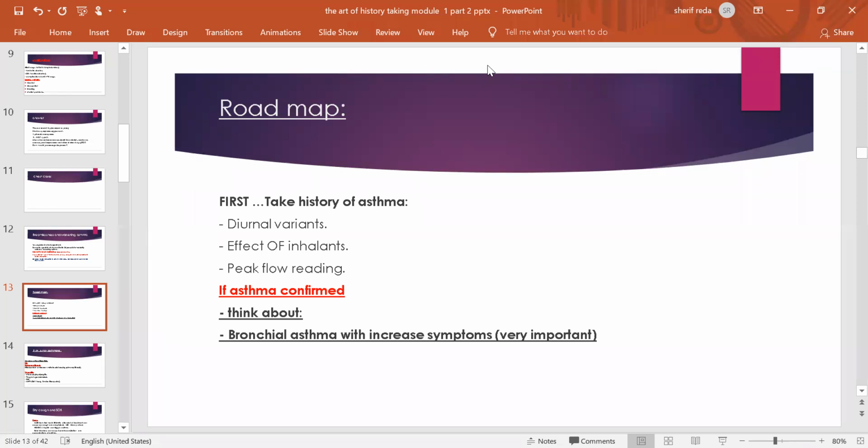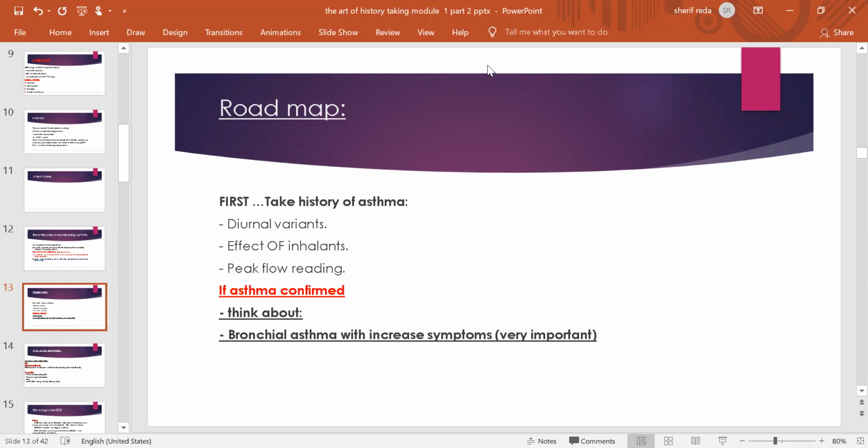Okay, so this is if the asthma is confirmed. As you can see here, the patient can also be suffering from GERD, gastroesophageal reflux disease, causing worsening of the asthma because of micro-aspiration of the gastric acid into the lung. And also these patients have allergic rhinitis with post-nasal discharge.